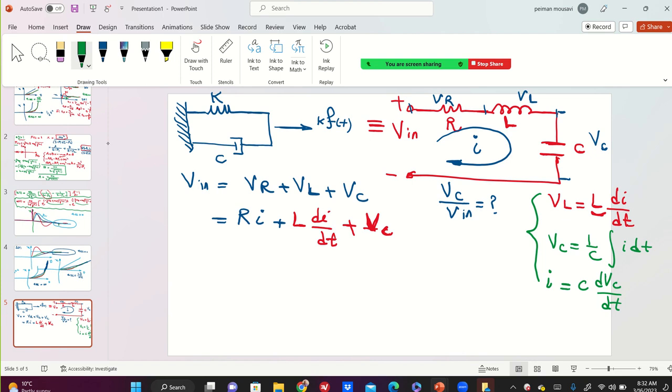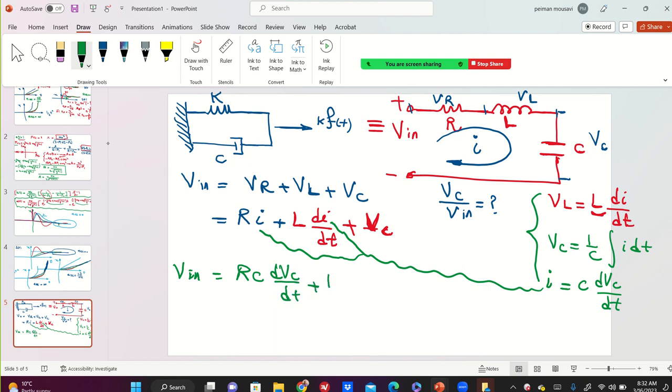What I'm going to do, I'm going to apply this i here and i here. So you see that the Vin, input voltage, is going to be RC dVc over dt plus LC d square Vc over dt square plus Vc.